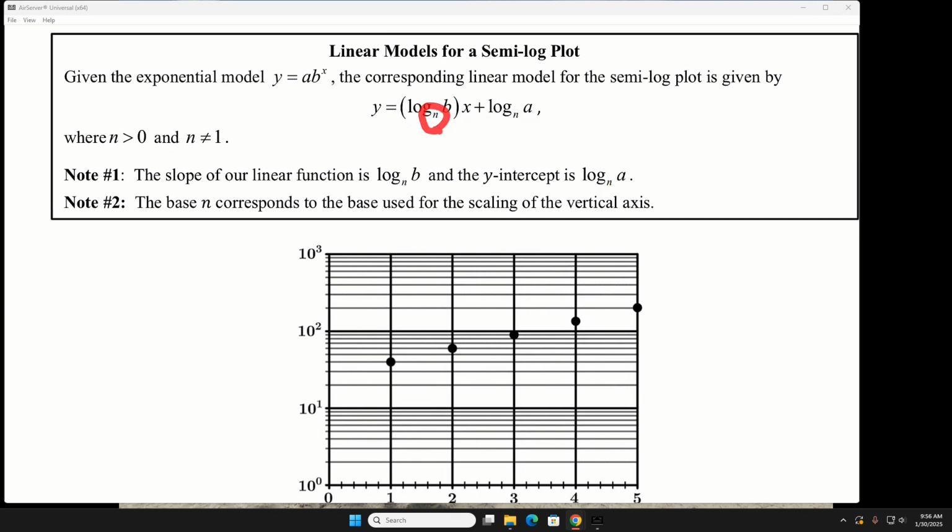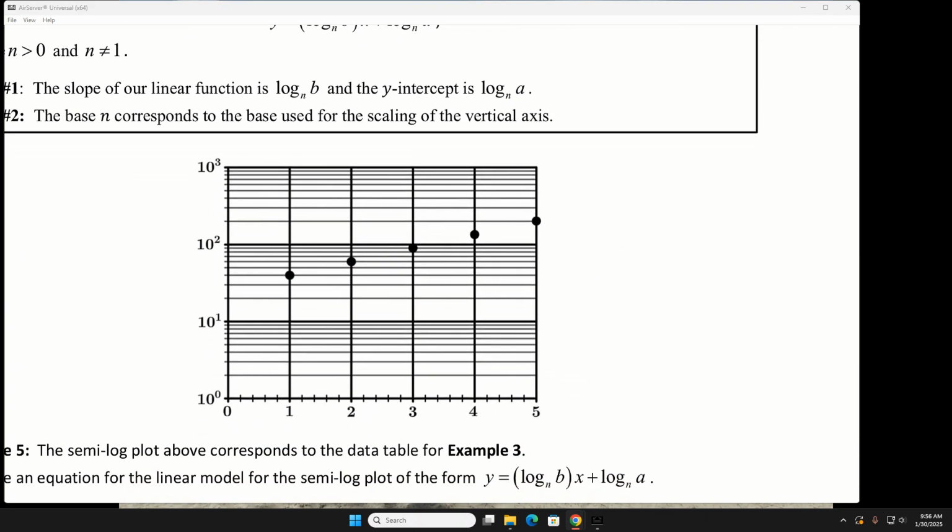The base is going to be the base of how it's scaled. Typically, I've only seen 10. I've never taught statistics, so these graphs are way more common in statistics. But for what we're going to do, this base is going to be 10. And so we can get a linear model for the logarithmically scaled graph.